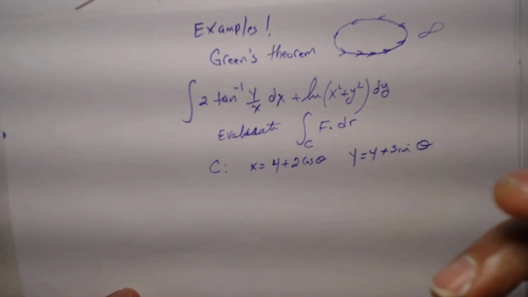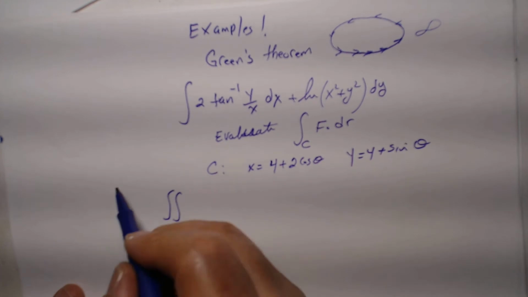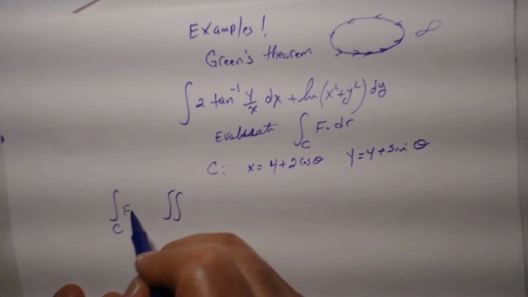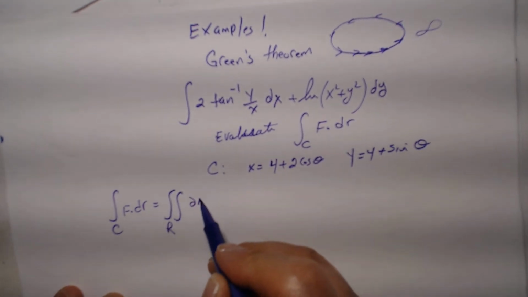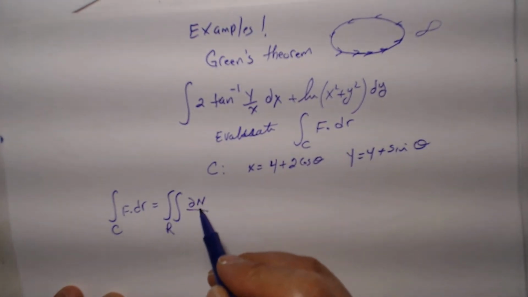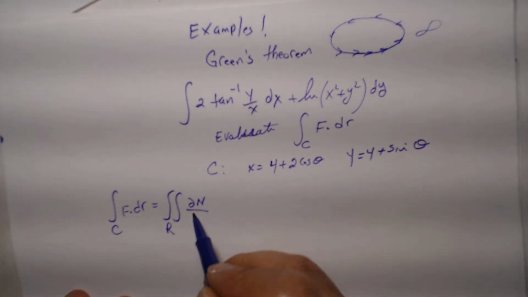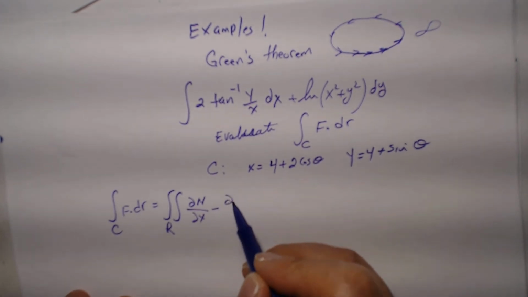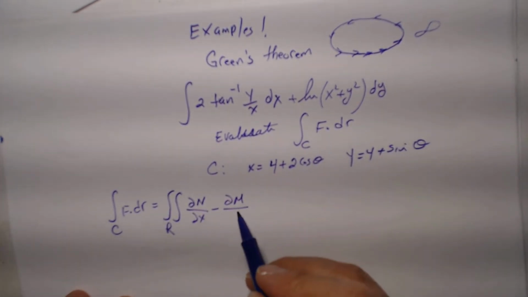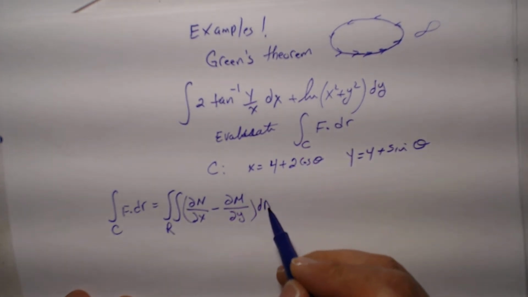Then we can use Green's theorem, which ties the line integral to the area of a region by taking the partial derivative of the y component of the vector field with respect to x, minus the partial derivative of the x component with respect to y, dA.